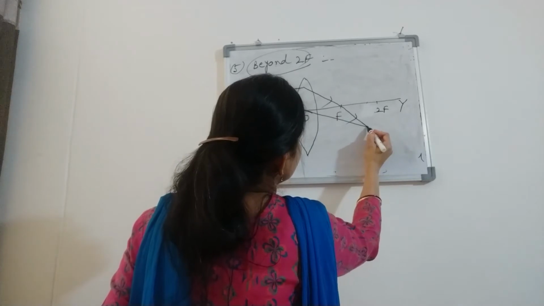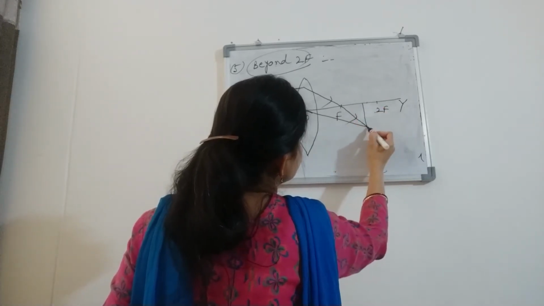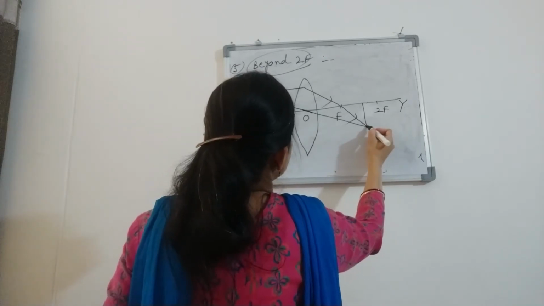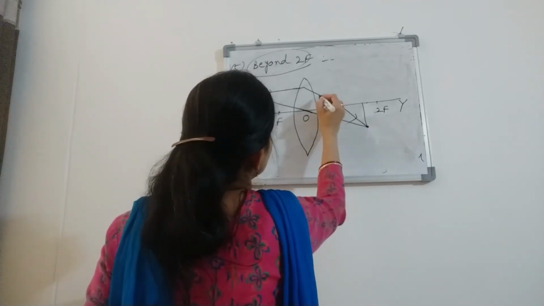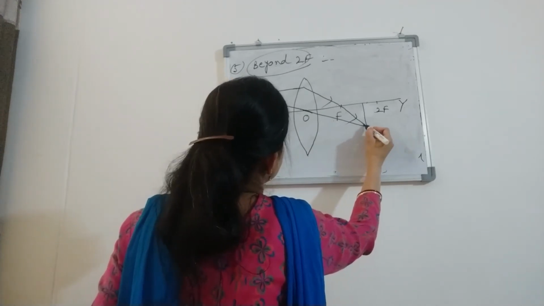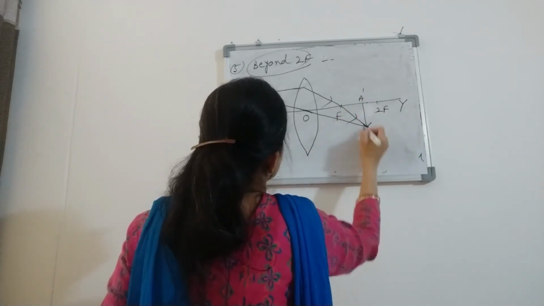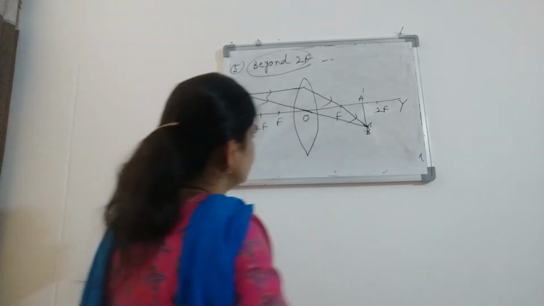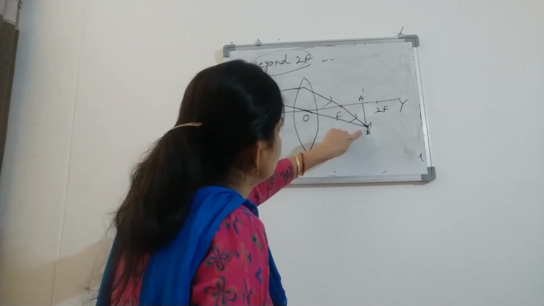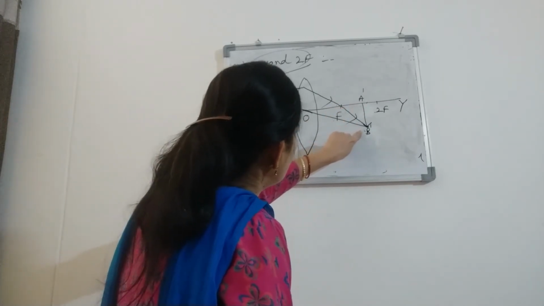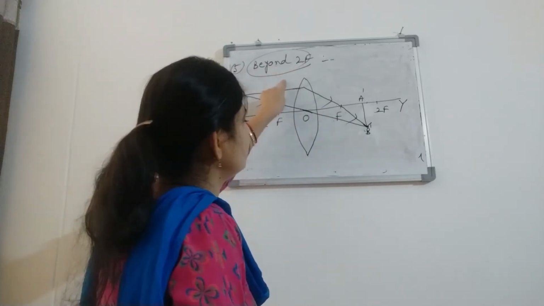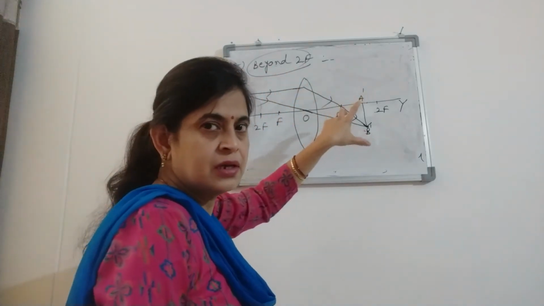Now mark this point. Means at this point these two rays are intersecting with each other. Or in other words, you can say A dash B dash is the position of the image found by the object when the position of the object is beyond 2F. Clear?